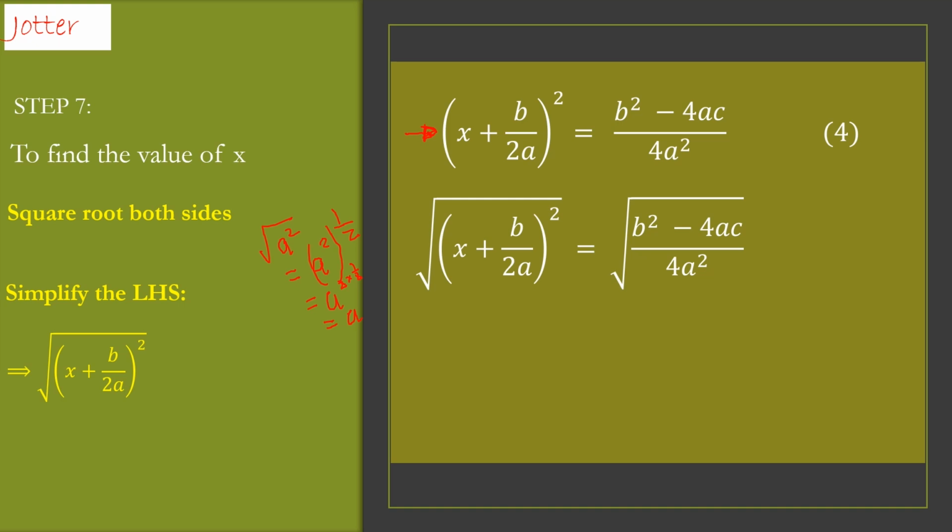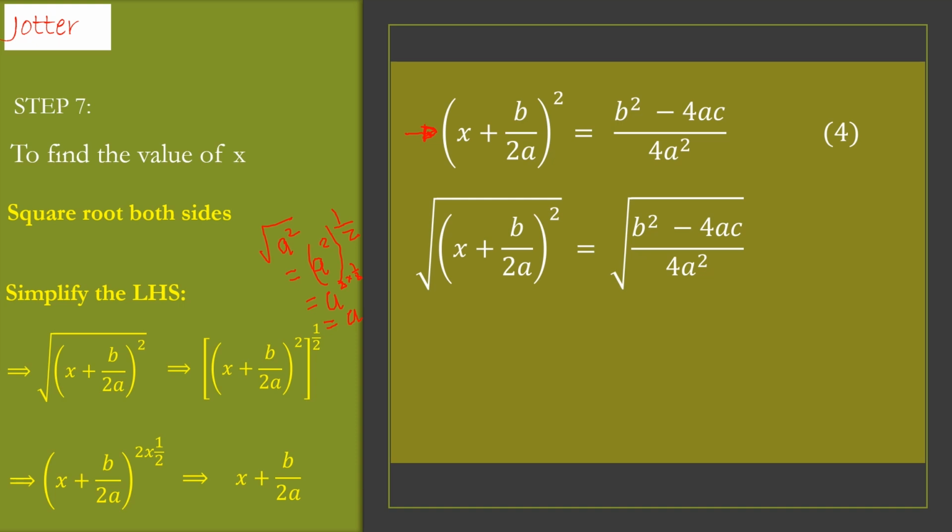So the same thing we do here. We now find that this is the inside bracket. Then the square root is the power of half. Taking the big bracket out, we see that we can now multiply the two powers together, and 2 will take care of 2 to give us x plus b over 2a.